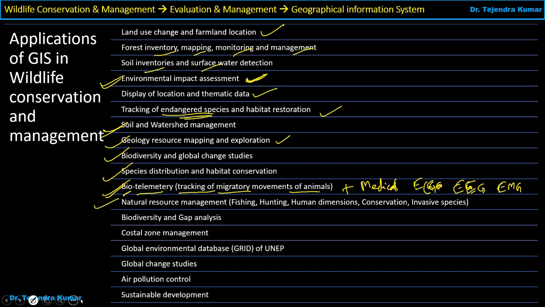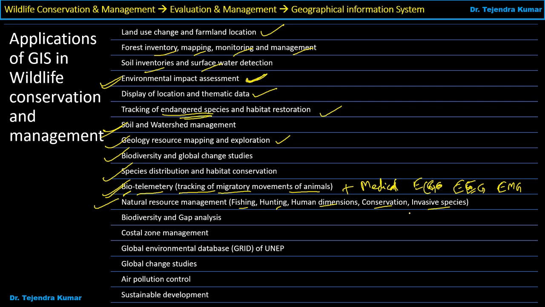Next, natural resource management, like fishing, hunting, human conservation, invasive species, which I have already discussed in the previous slide as well. So all these things can be seen or done. Okay, biodiversity and gap analysis. Biodiversity is studied very well with the help of this GIS, which we have already discussed. And the gap analysis, what is it? The conventional approach to maintain biodiversity generally has been to protect endangered and threatened species, right?